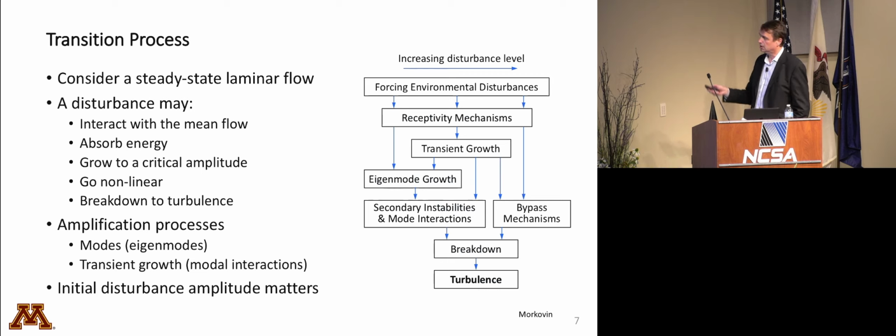example would be a so-called bypass, where the nose gear door is so large that it produces a disturbance that just doesn't even really result in modal growth, and it just goes straight to basically nonlinearity and breakdown.